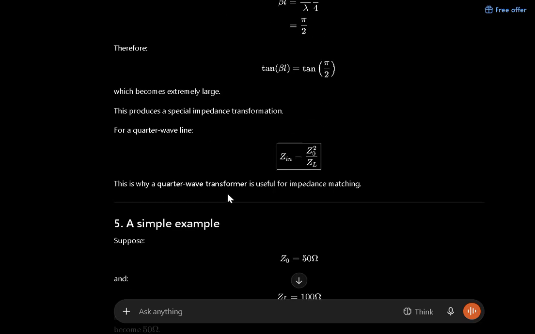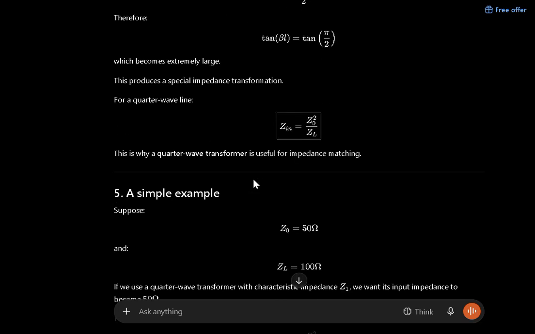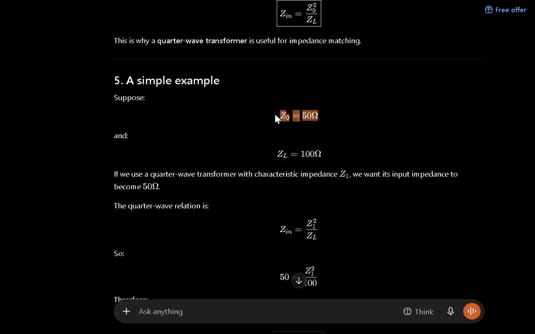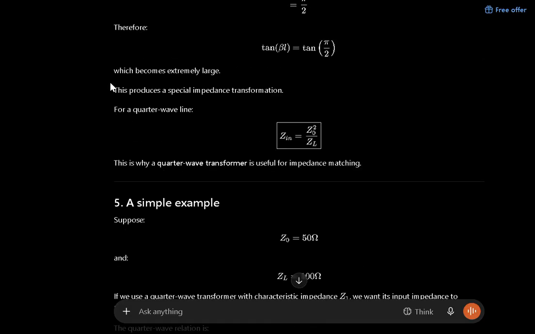This is why the quarter wave transformer is useful for impedance matching. A simple example: suppose the source impedance Z0 is 50 and ZL equals 100. If we use the quarter wave transformer with characteristic impedance Z1, we want its input impedance to be 50. Actually, I am unable to understand this section.